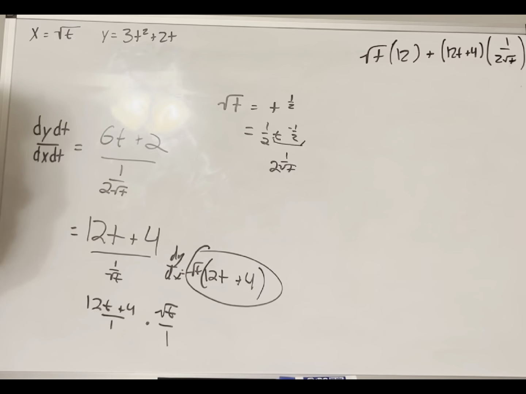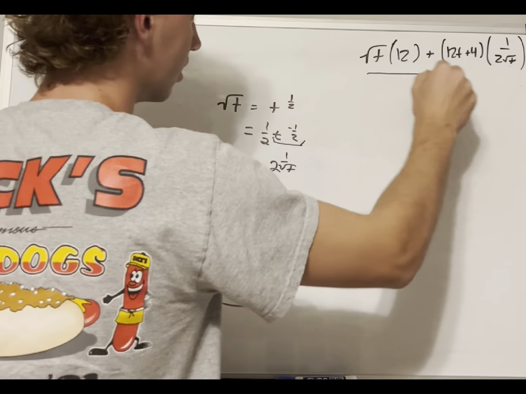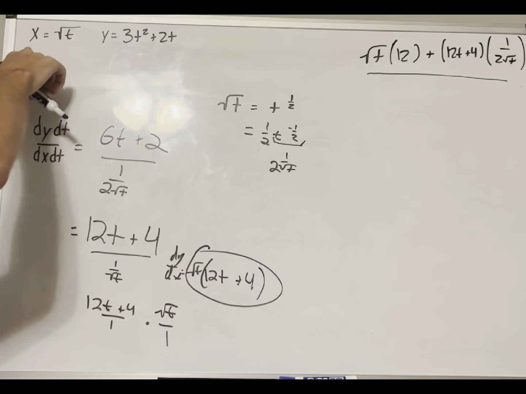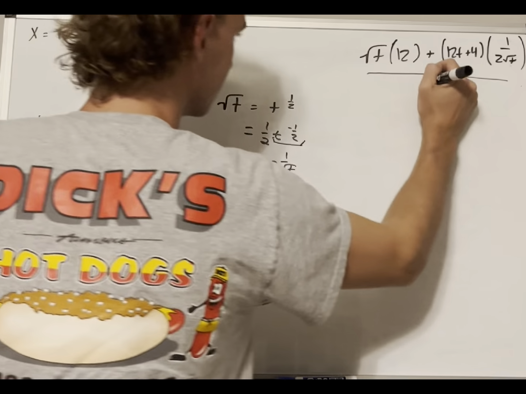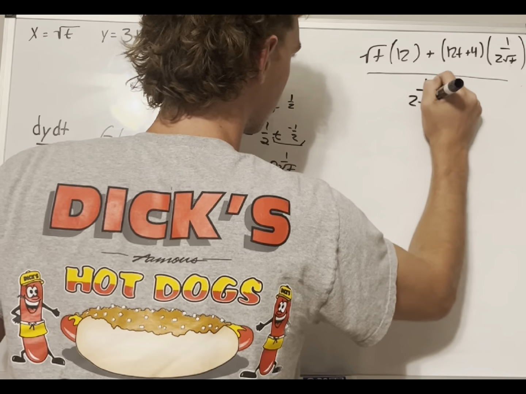Okay. So now you have this, and then you have to divide it by the derivative of x, which is equal to the derivative of root t, which is equal to 1 over 2 root t.